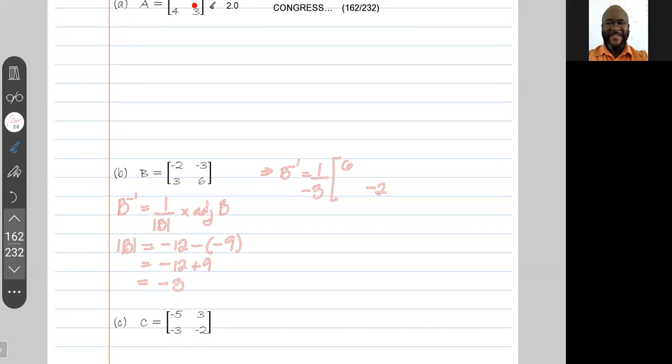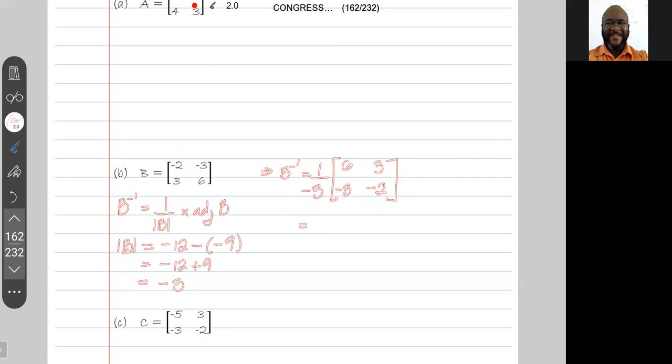So the minus 3 at the top changes to positive 3, and the positive 3 bottom left changes to negative 3. The lagging diagonal elements stay where they are, but their signs change.